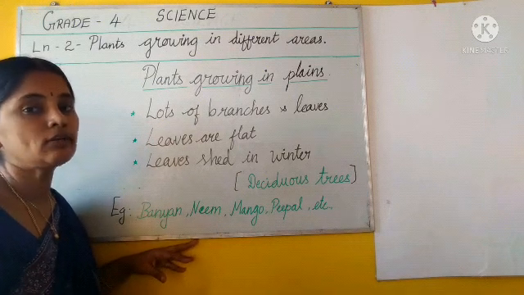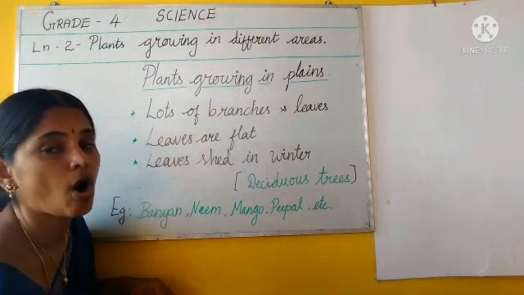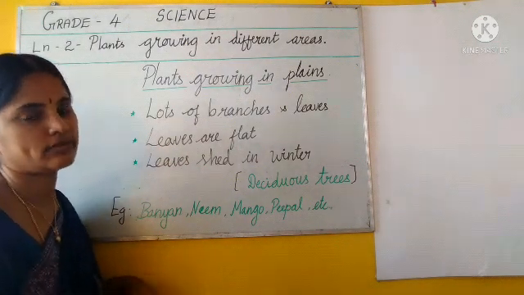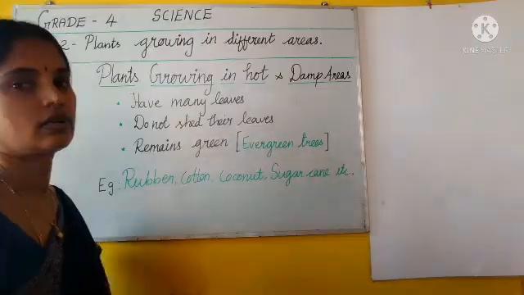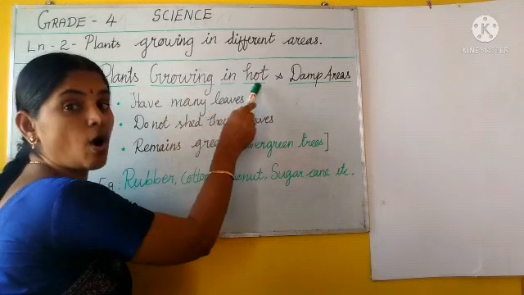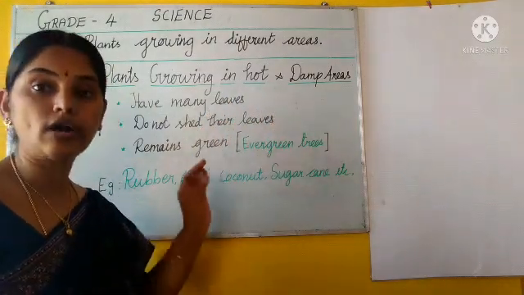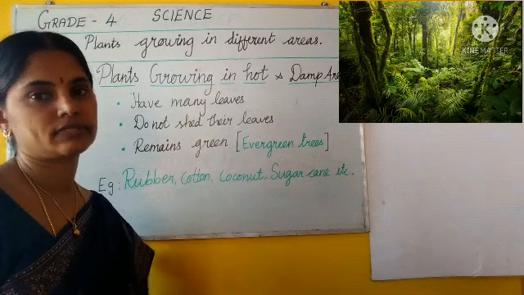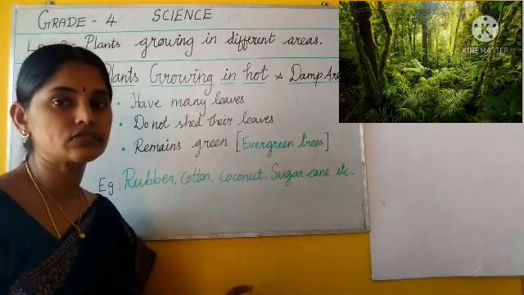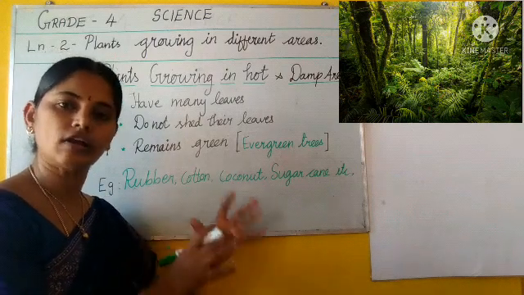Plants growing in hot and damp region. See, children, plants growing in hot and damp regions. See, the region receives more rainfall even though the places are hot.